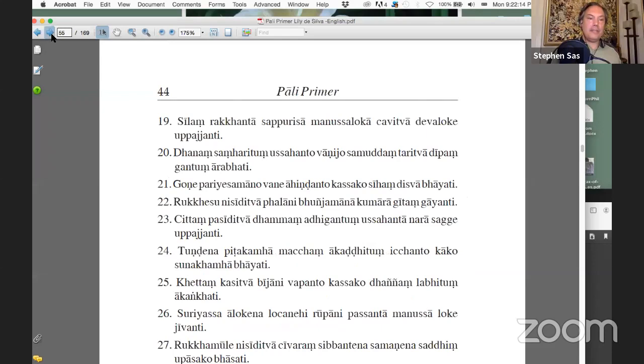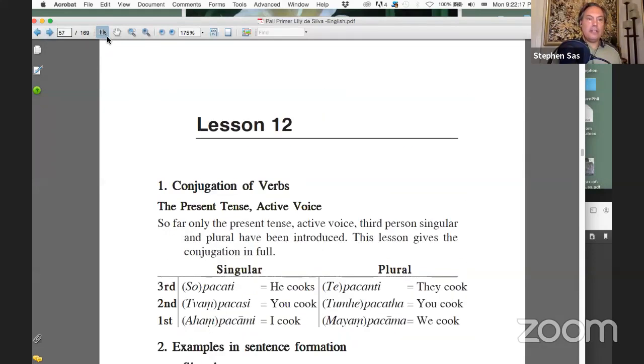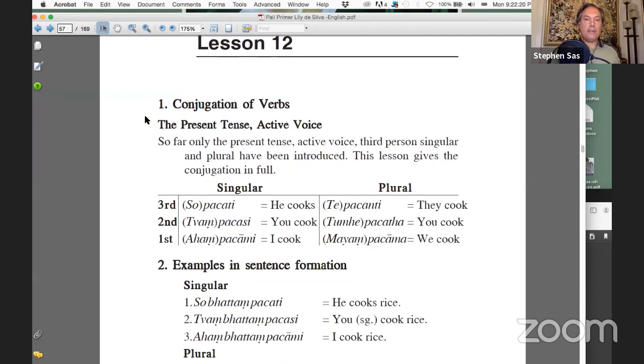This does not mean in any way one doesn't need to know what the present participle is in Pali, but perhaps not this way for now. And so what I'd like to look at very briefly, and of course you will do some of these exercises in our next class, is the full conjugation of the present tense, active voice of verbs, which has a lot of information, not only because it's the full conjugation, but it also introduces the pronouns, which you see here in parentheses, which are good to know, very important to know.